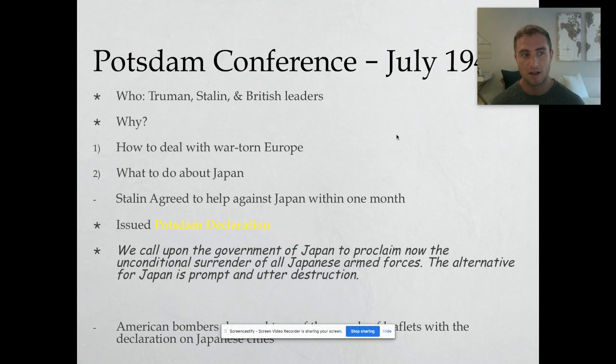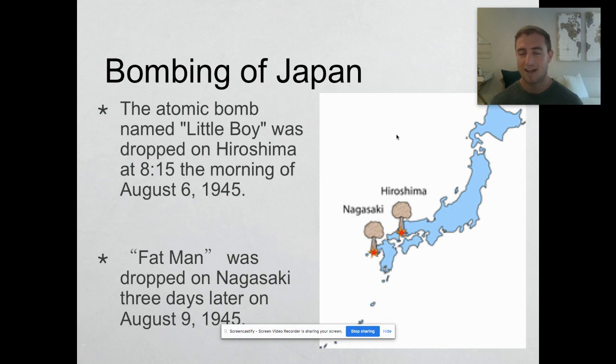We don't know if there's no conditions, what could happen, and so that is the term that cannot be met. And because of this, they respond with a very ambiguous response, and Americans take this. Truman takes this as the go-ahead to drop the nuclear bombs.